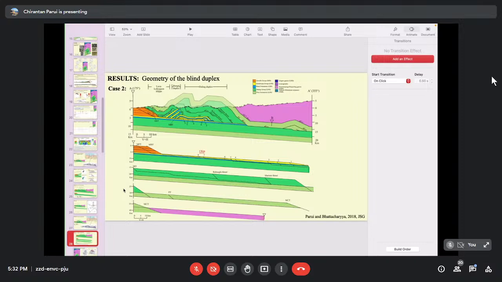That is precisely the point, Chirantan. But the balanced cross section that you are drawing, the shortening that you are calculating, is essentially thrust related. It is not pre-thrusting strain, right? So comparing these two and adding them up, does it make sense?